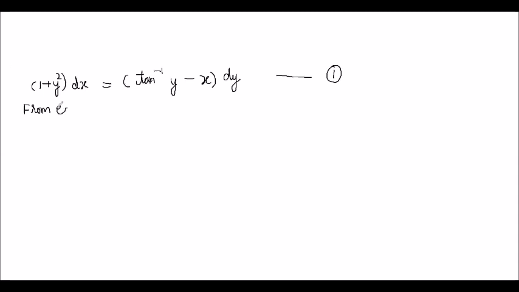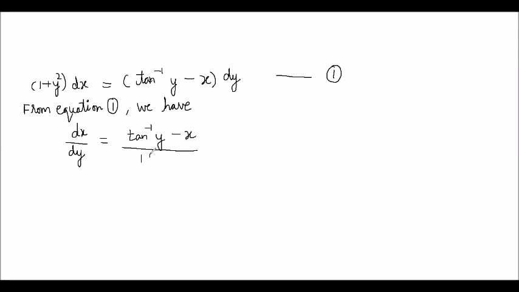So from equation 1, we have dx by dy equal to tan inverse y minus x upon 1 plus y square.